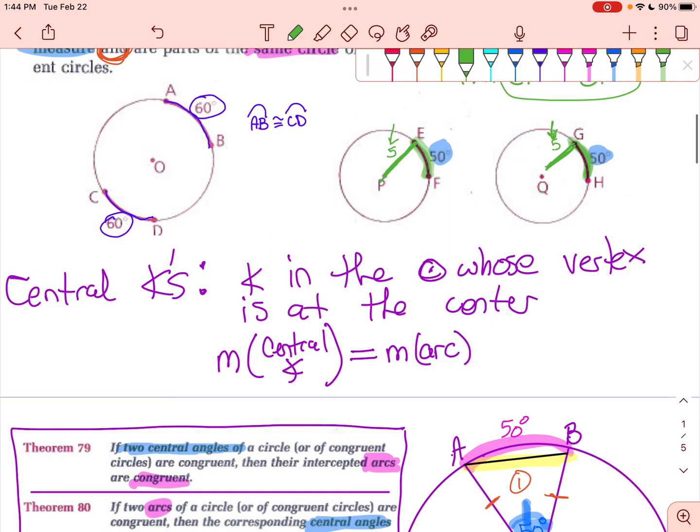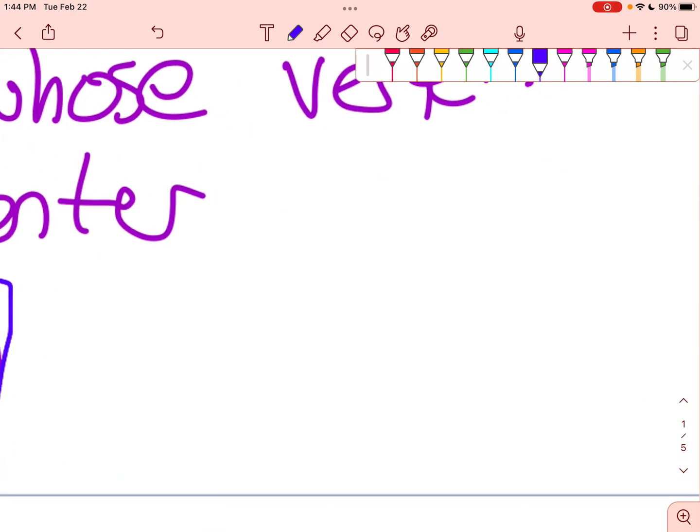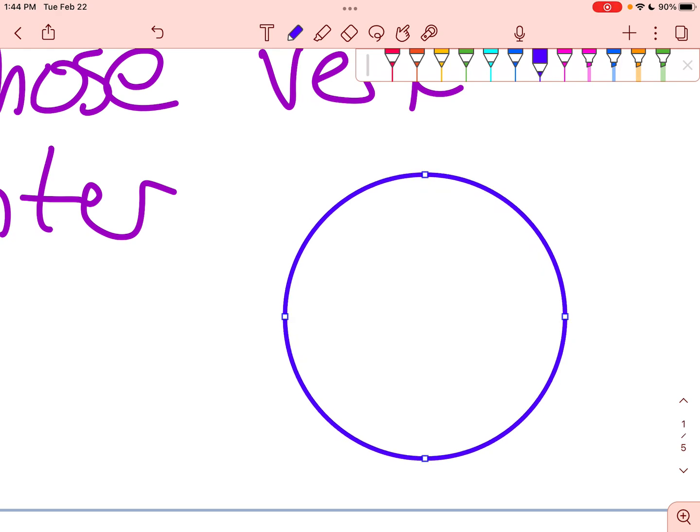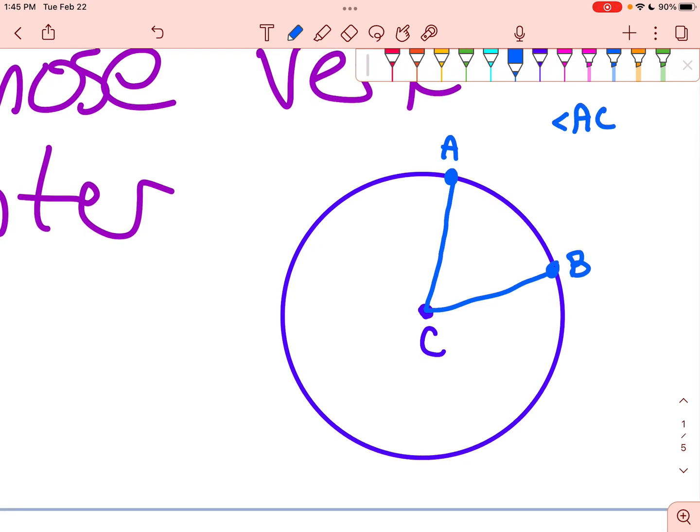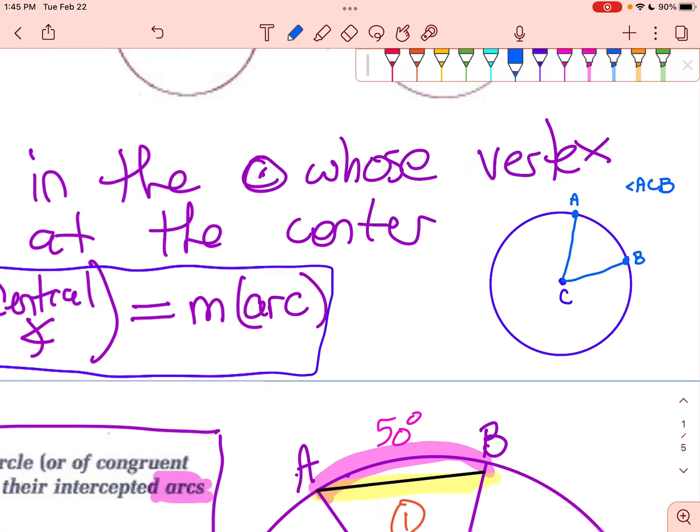A central angle, so we're now going to be talking about angles inside circles as well. A central angle is an angle in the circle whose vertex is at the center, okay? And the measure of that angle is going to be equal to the measure of that arc. So here's a circle, and we'll call this center C. If I was referring to a central angle, angle ACB, angle ACB is a central angle, okay?